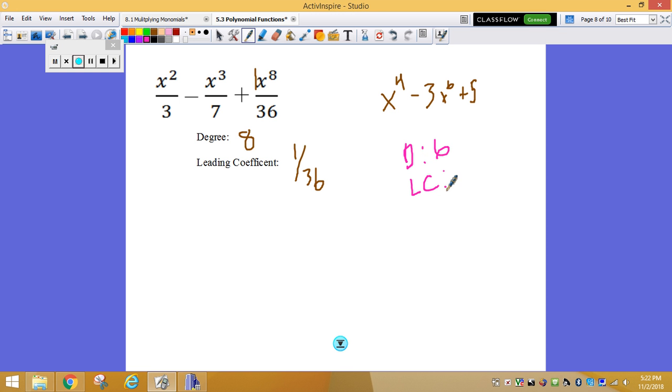My leading coefficient, what's in front of that? Well, it's a 3, but make sure you put that minus with it. It's not just 3. My leading coefficient would actually be a -3. I think there's a couple like that on your worksheet, so I wanted to make sure you saw that. There's a minus in front of it. Bring that minus with it and make it a -3, okay?